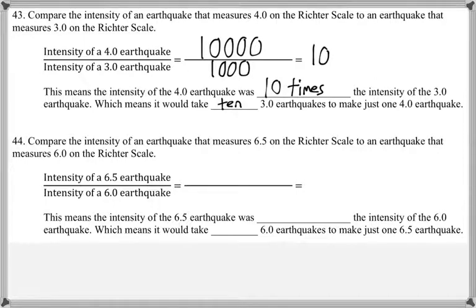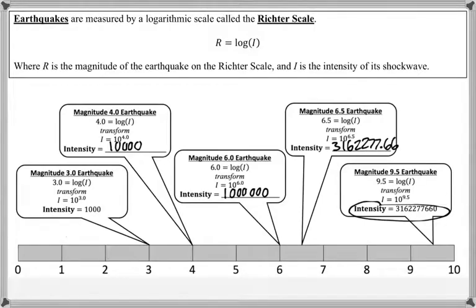Looking at number 44, it says, compare the intensity of an earthquake that measures 6.5 on the Richter scale to an earthquake that measures 6.0 on the Richter scale. And we want to divide the intensities, and we figured out what the intensities were.